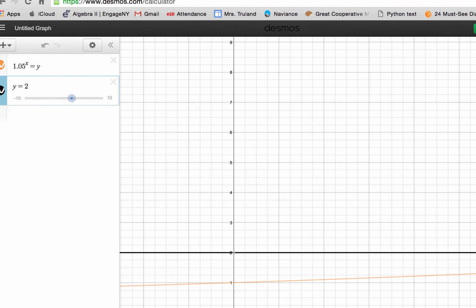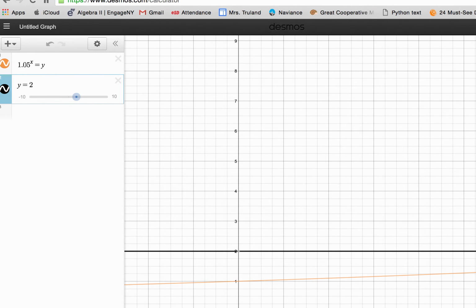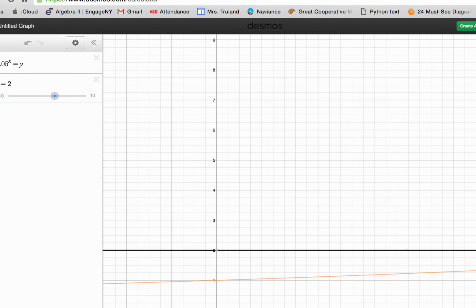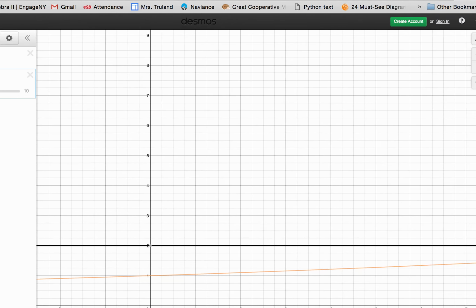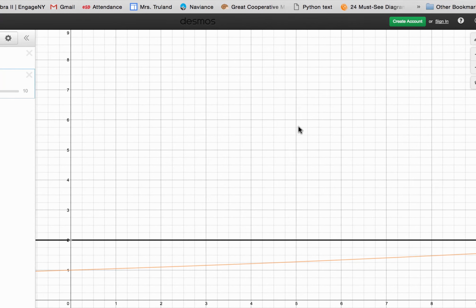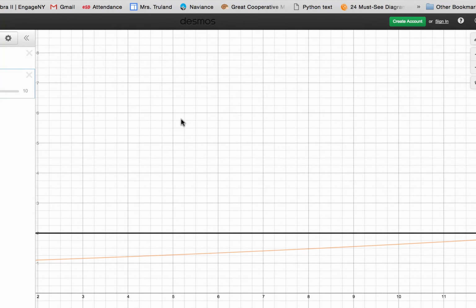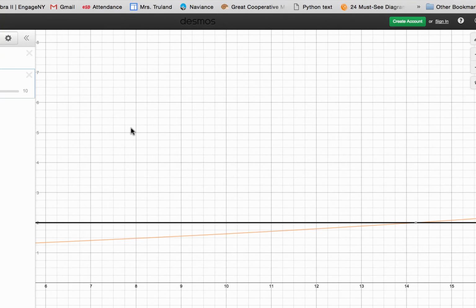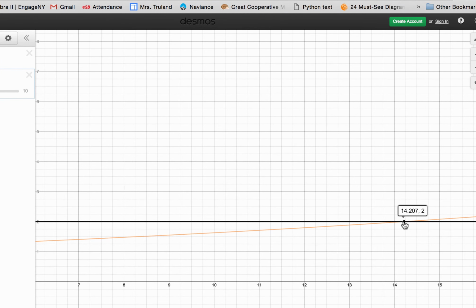Remember now, my orange represented my exponential, and my black represented my y equals 2. So if I just follow this along, where are my two graphs going to meet? Wow, all the way out here at approximately 14 years.